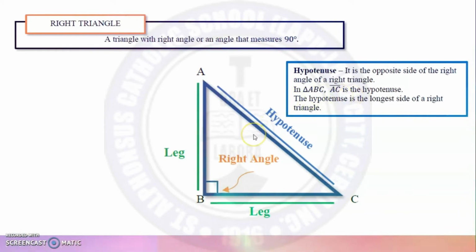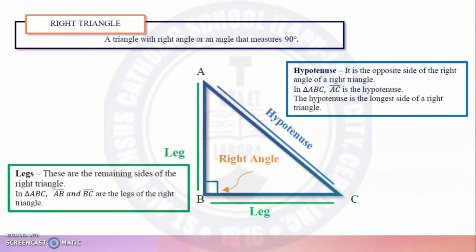In this example, triangle ABC, AC is the hypotenuse, and the hypotenuse is the longest side of the right triangle. Next, the legs. These are the remaining sides of a right triangle. In this example, triangle ABC, line segment AB and line segment BC are the legs of the right triangle.